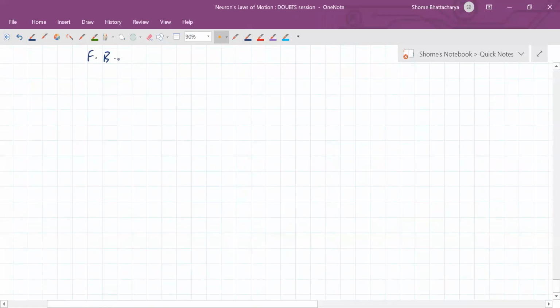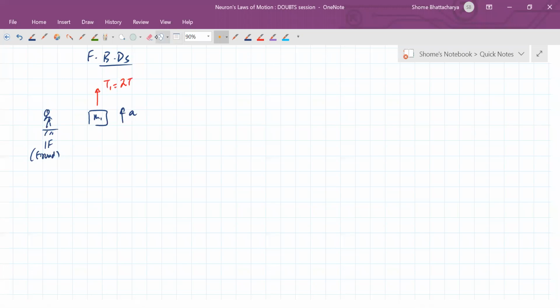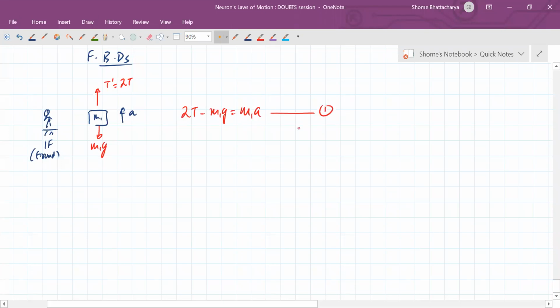If you look at the free body diagrams, on this side M1 we will obviously make in the inertial frame. In the ground frame it has an upward acceleration of A, and the forces acting on it are T prime, or 2T, and its own weight. So its equation becomes, that's my first equation.